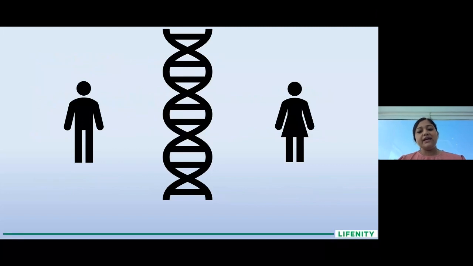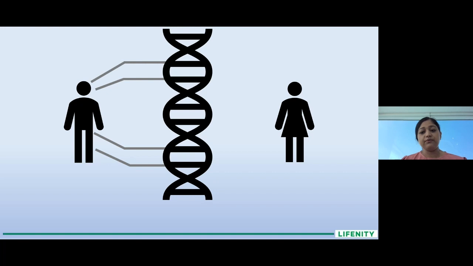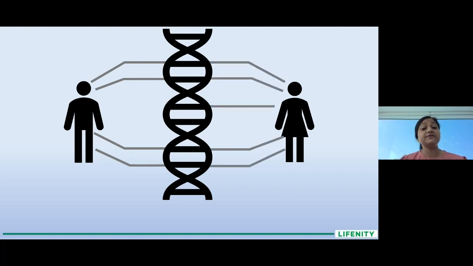We all humans share nearly 99.9% of our DNA. Only 0.1% makes you unique. And by unique, I am not talking only about looks. Definitely, looks are different, and that is also due to the 0.1% of DNA.